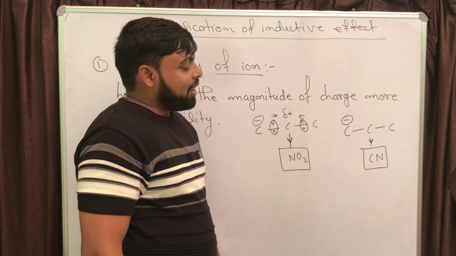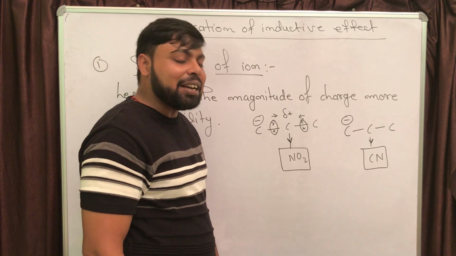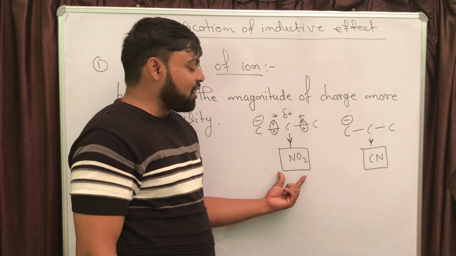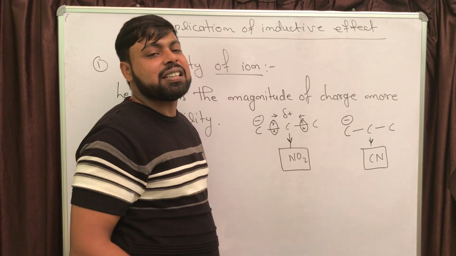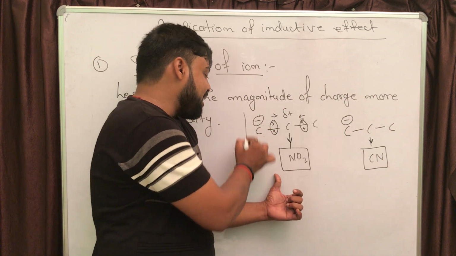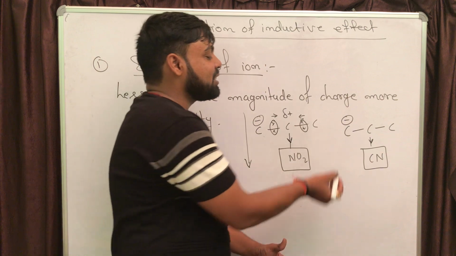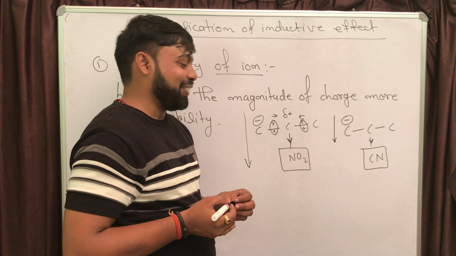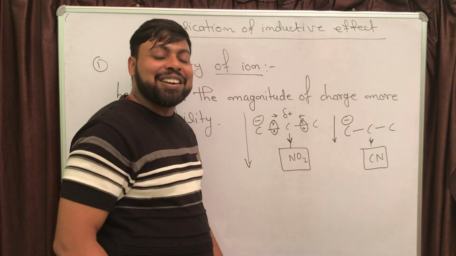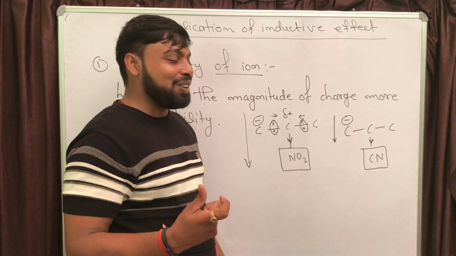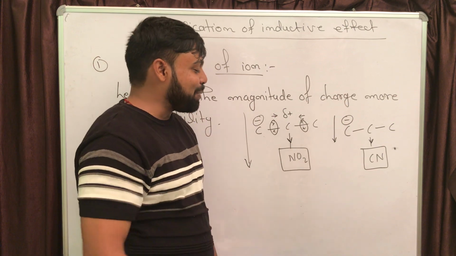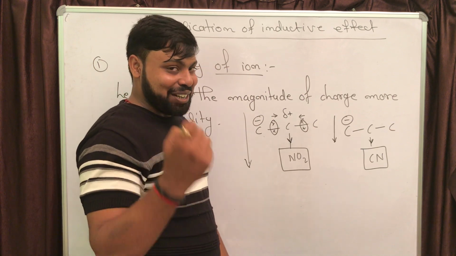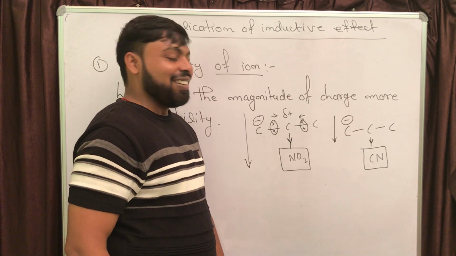But in which case will the decrement of negative charge be more? Definitely NO2 is applying more minus I power, so the decrement in the first case will be more, while in the second case relatively less. Here the arrow is larger as compared to the second one. So in the first case the numerical value of decrement of negative charge will be more, while in the second one it will be less.